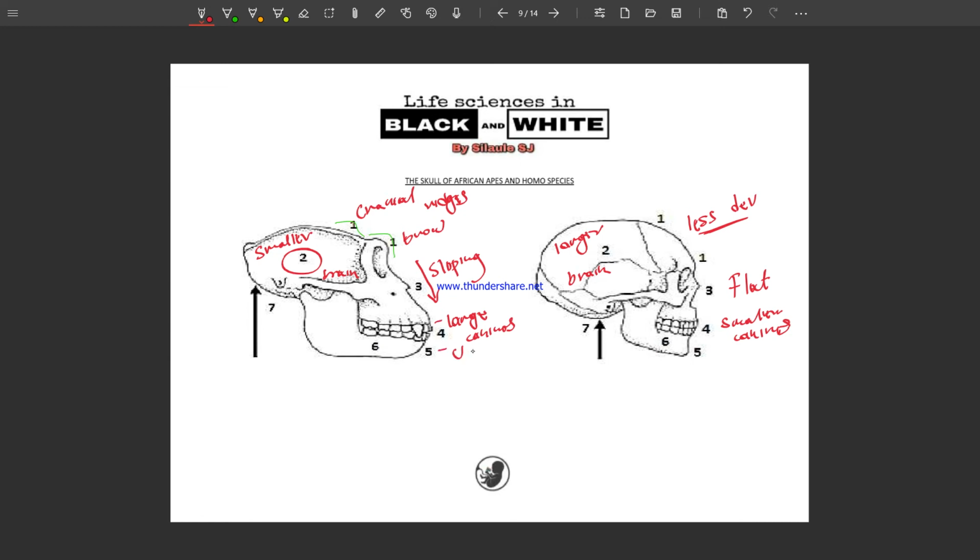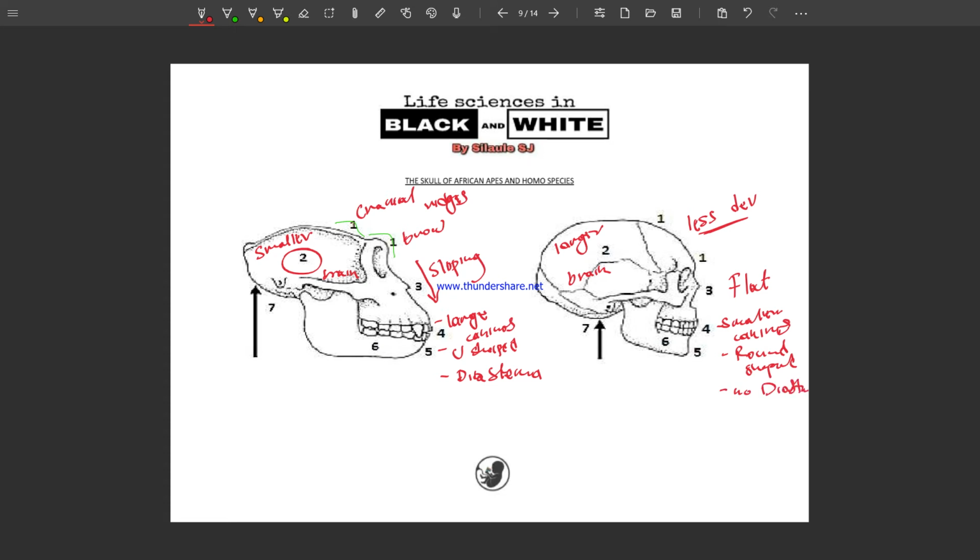The palate here is U-shaped, and then in a human, the palate, we said it is round shaped. Then we can also mention the large canines will cause the jaw to have spaces so that the jaw is able to close, which means there will be diastema, which is the spaces between the teeth, and then in humans, no diastema.